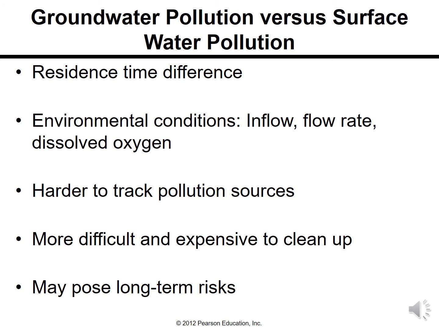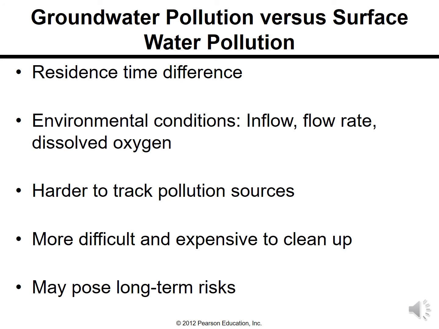And pollution sources are harder to track. When it comes to groundwater, you cannot really track the source of the pollutant, so you have to use dye or stable isotopes or different kinds of techniques to understand where it is coming from. It is also more difficult and expensive to clean up, especially groundwater. It is spread out everywhere, in every single pore space between soil particles.